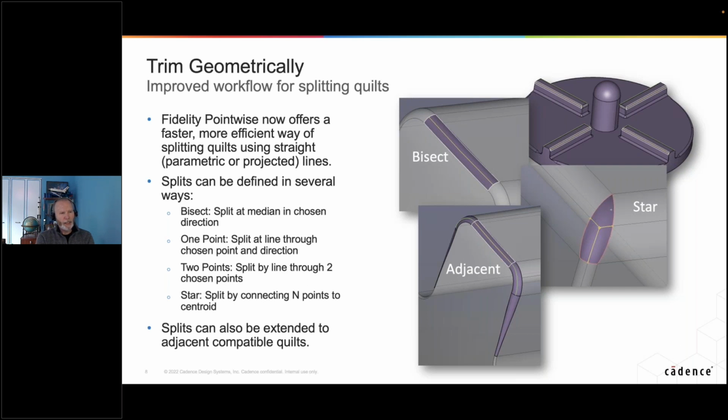And a nice addition along with that is the ability to have it select automatically adjacent or all adjacent surfaces that may propagate through the geometry and bisect them all very quickly. And so this tool gives you the ability to do that.